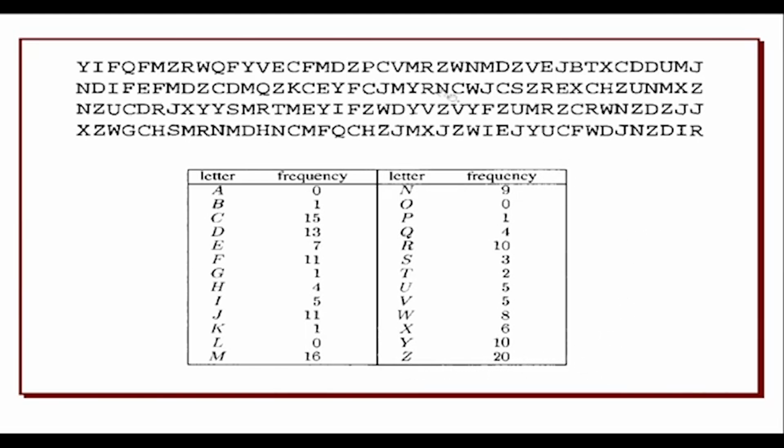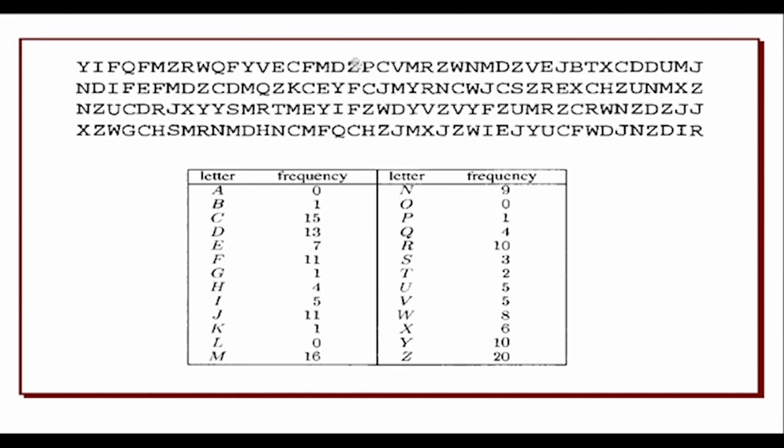So, that means wherever Z is, it is our intuition that E was substituted to Z, because E is the most frequent letter in the English alphabet. So, wherever Z is coming, we will replace it by E, as it was in the original plain text. In the English text, E is the most frequent letter.